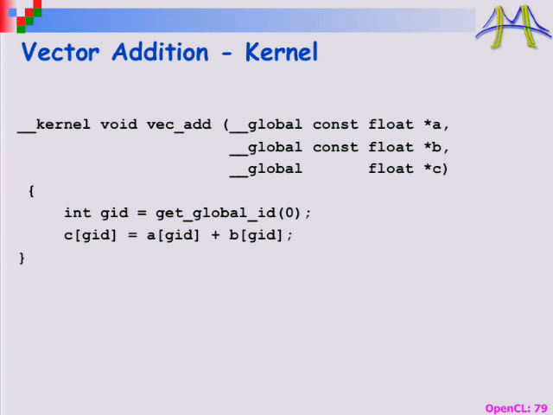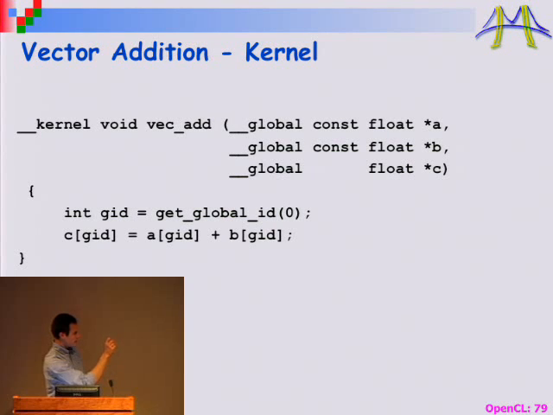Again, the OpenCL code, this is the kernel function that would run on the device. Again, all it takes to change a sequential program into this is to get rid of the for loop, insert this get global ID, and then take the body of the loop and make it the body of this function, and add this kernel tag and additional tags to the pointers.